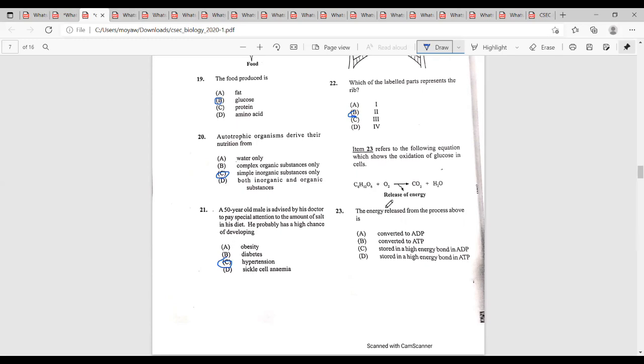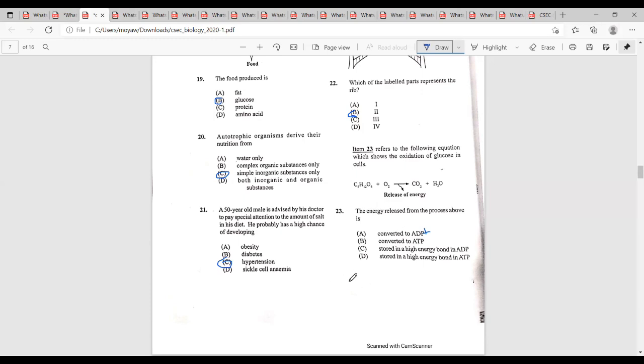So now, they're asking us what happens to the energy. The energy is not converted to ADP, but the energy goes to form ATP, which is a high energy molecule.